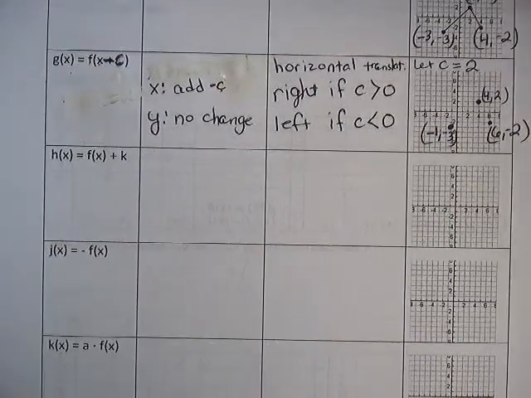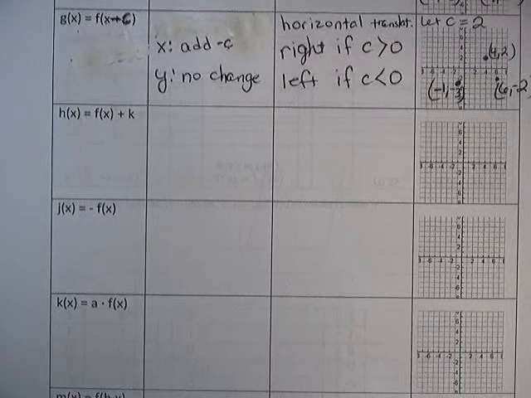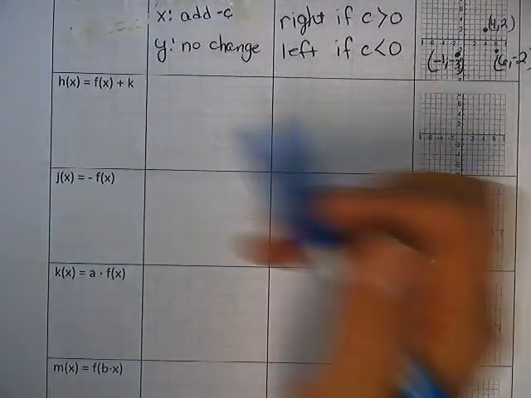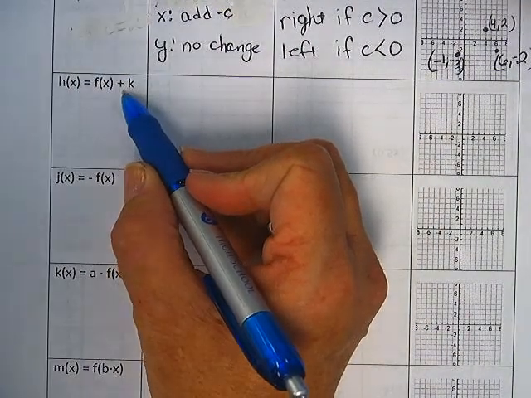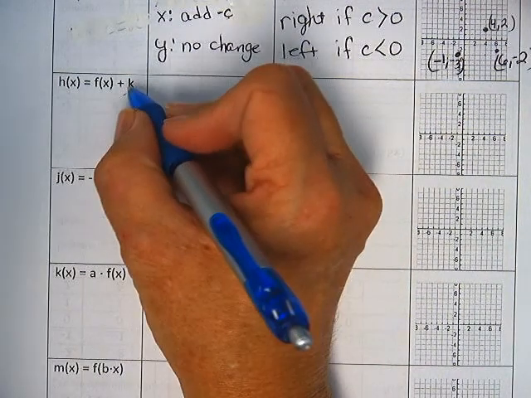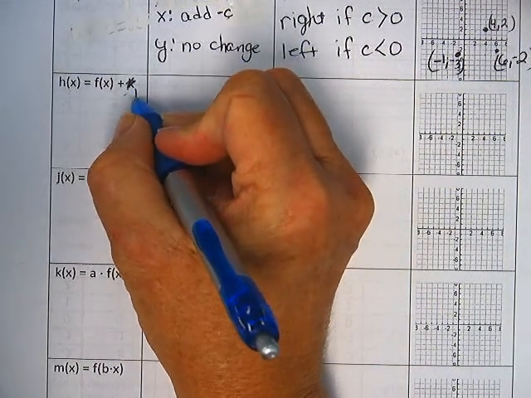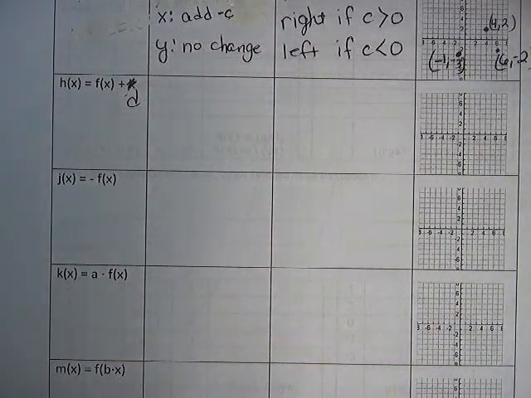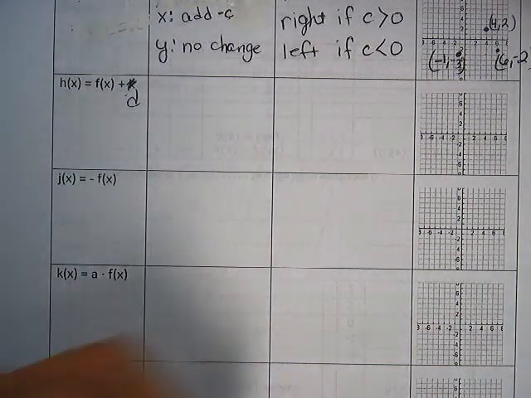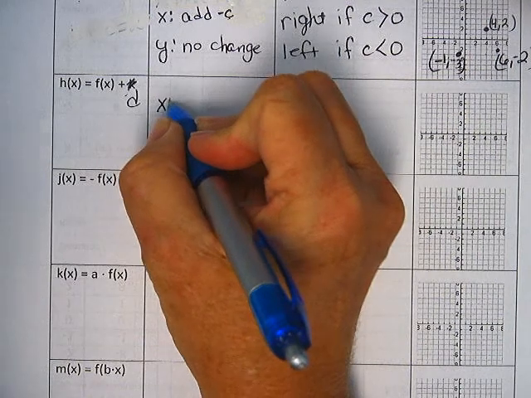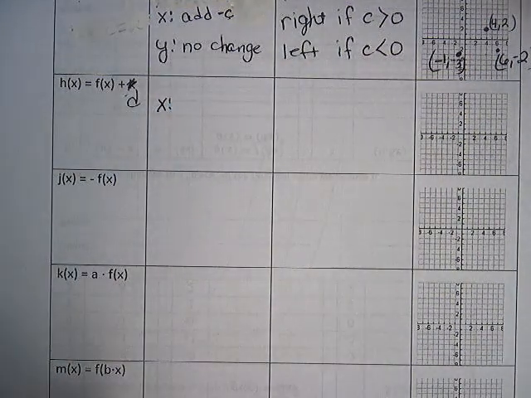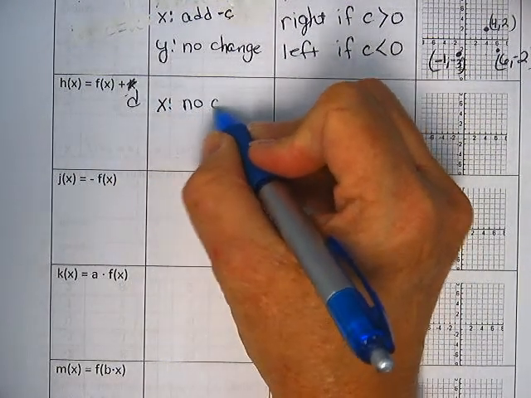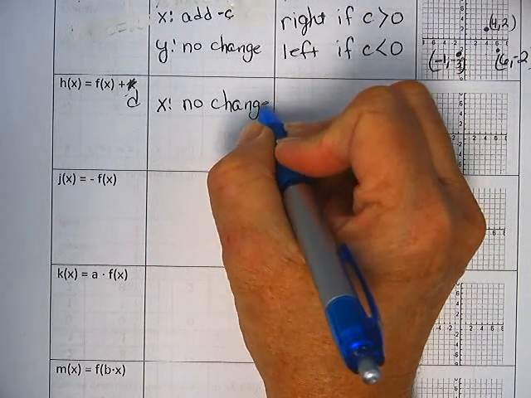Okay, as we continue on, let's look at what happens if we add k. And again, for transformations with cubes and everything, we actually are calling this d this year, so change that to a d. So if we add d, our x values don't change. So no change to the x values.